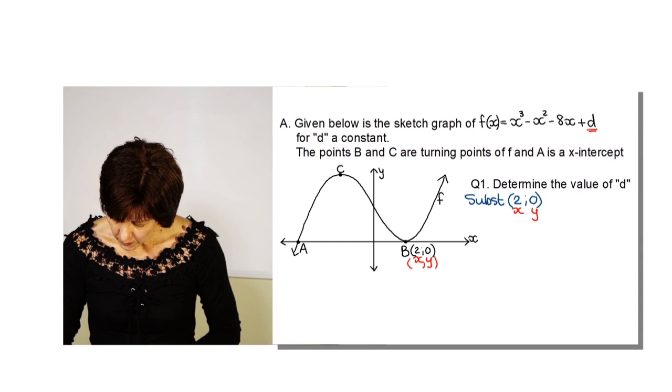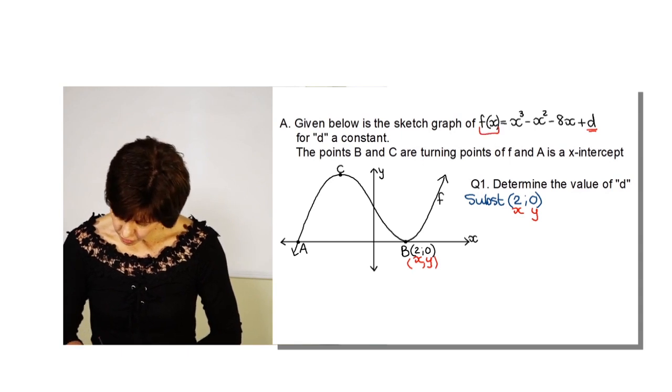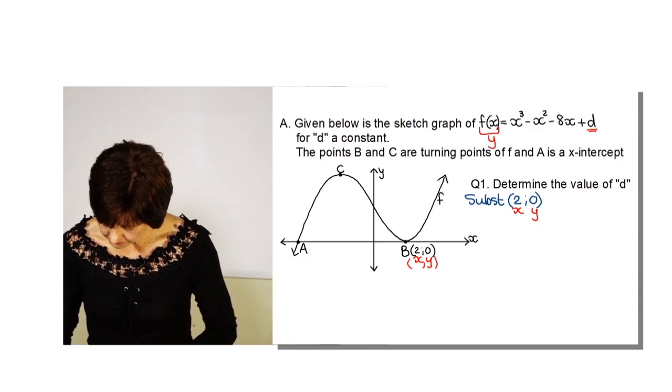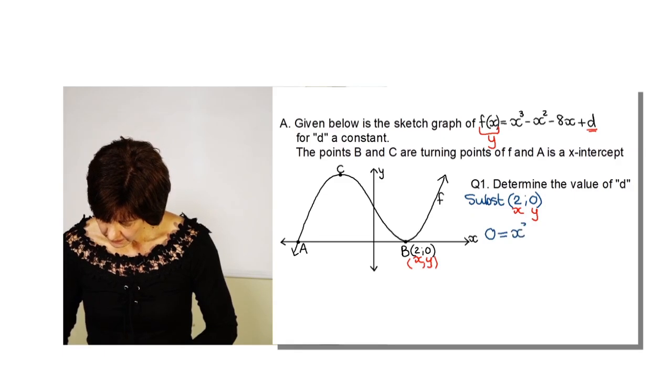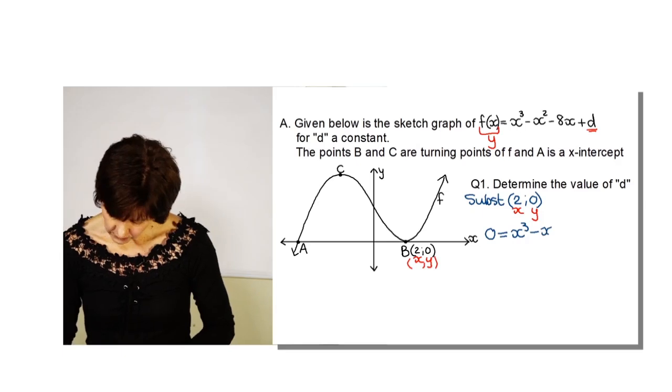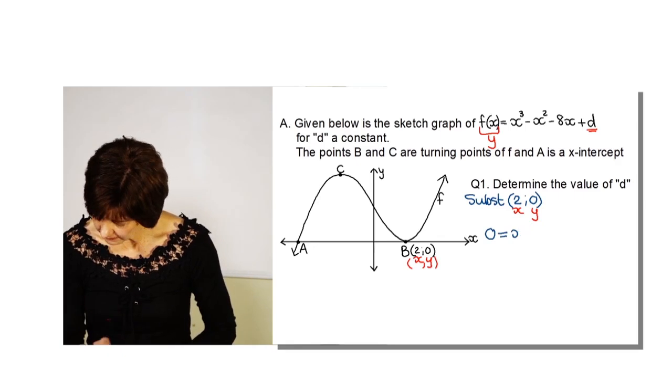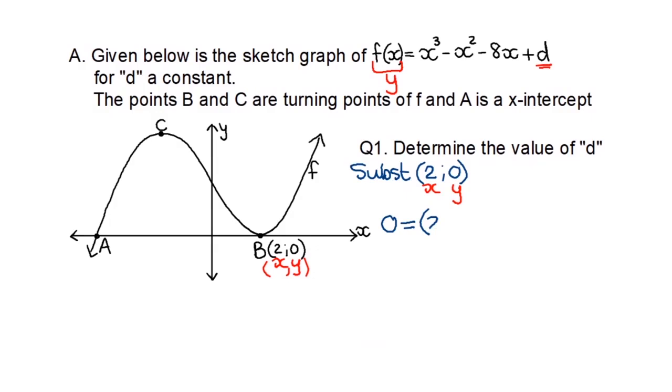In the place of the y, I'm going to substitute the 0, which will be equal to x cubed minus x squared. Oh, sorry, I forgot to replace the x value. The x value is 2, so every x is replaced by 2, and then the only unknown I've got is d.